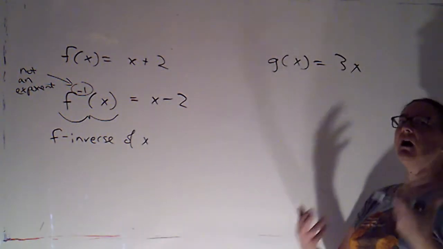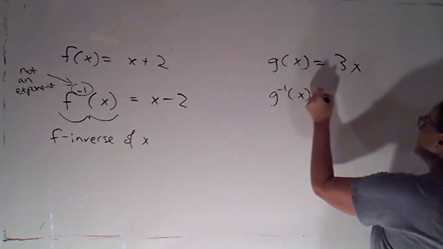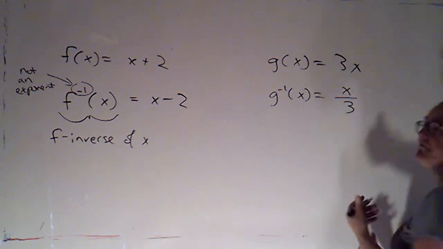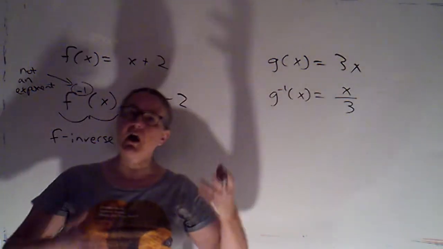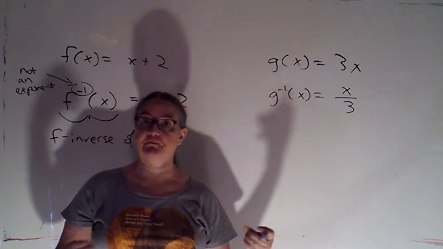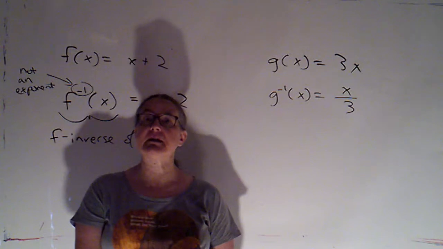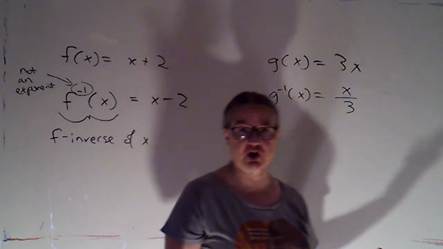So how would I undo that? Well, the inverse function would be x divided by 3. To undo something, I generally do the opposite thing. So that's one way that we have of thinking about these things called inverse functions.